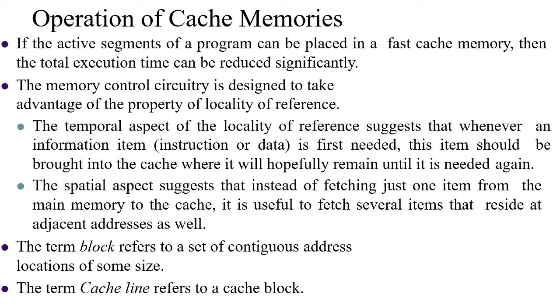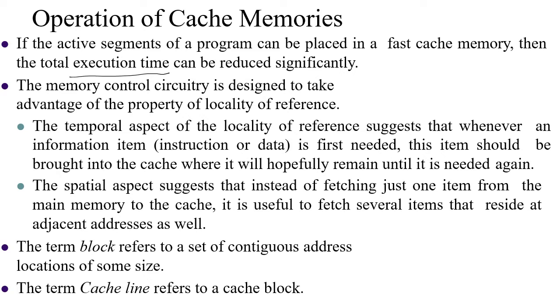We know that the execution time is dependent on the number of instructions getting executed. When the data are transferred from the main memory to the processor at a faster rate, the execution time gets reduced.